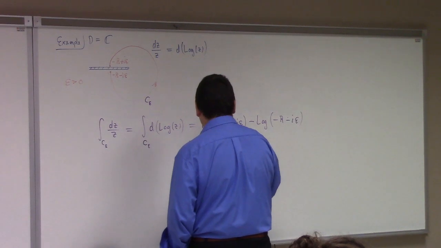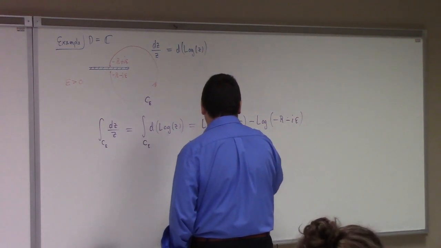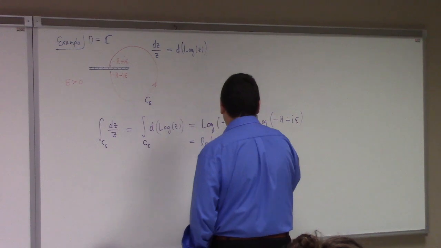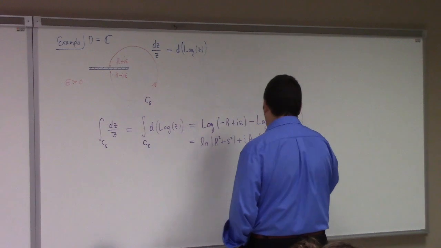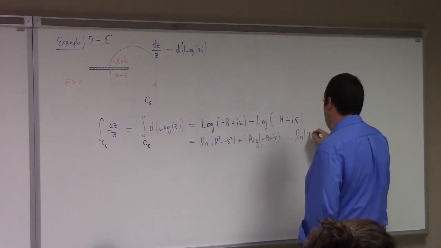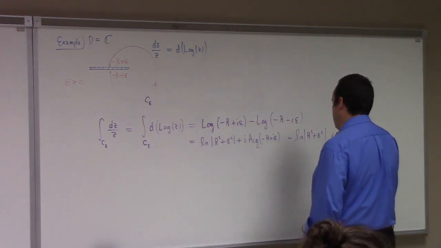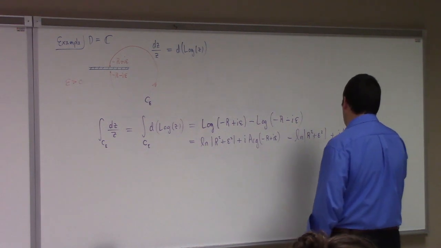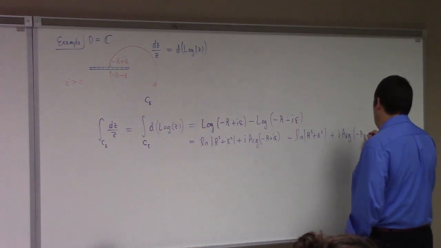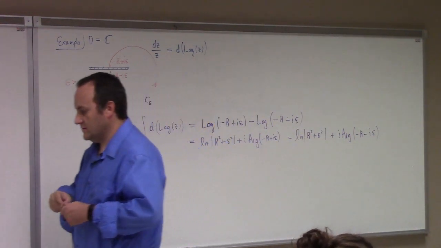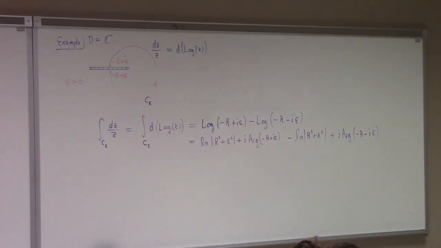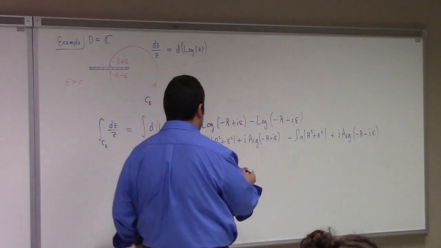That's the natural log of the modulus, the square root of r squared plus epsilon squared, plus i times the argument of minus r plus i epsilon, and then minus the natural log of the square root of r squared plus epsilon squared plus i times the principal argument of minus r minus i epsilon. Now for epsilon sufficiently small, it's complicated, right? But approximately, what is this?